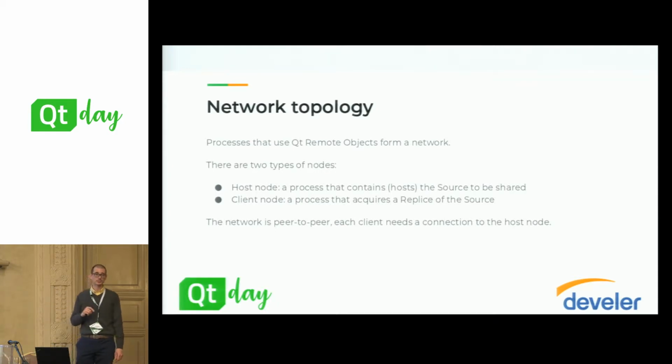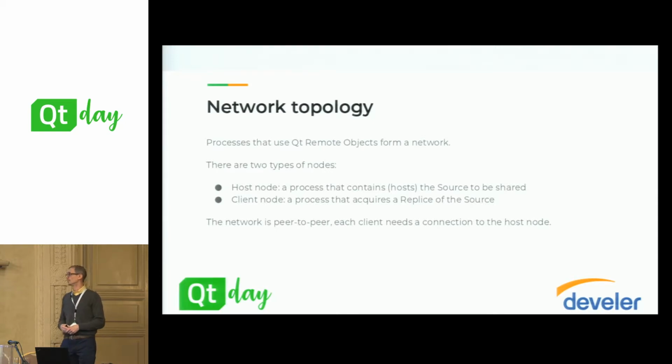One important thing to notice is that this kind of network is peer-to-peer, which means that each client that you insert in the network needs a one-to-one, so a peer-to-peer connection with the host that is hosting the sources.